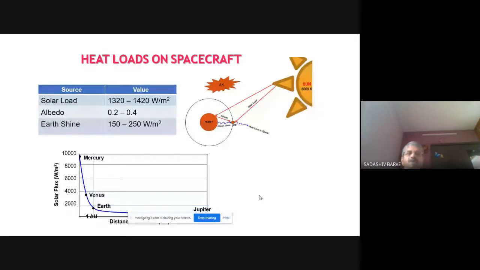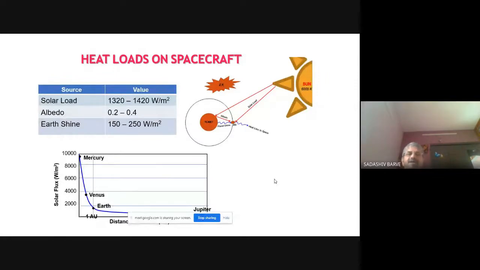For example, I told you that the average solar load varies depending on season from 1.3 kilowatt to 1.4 kilowatt. This varies because of the season. In summer we get close to 1.3 kilowatt, while in winter it goes to 1.4 kilowatt. The albedo means the portion of energy it reflects back. That percentage is around 20% to 40%, depending on the Earth surface.